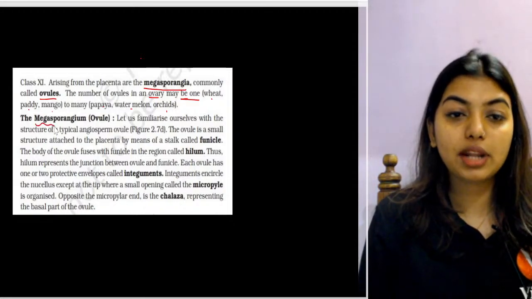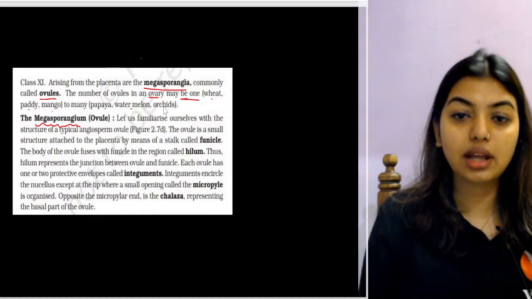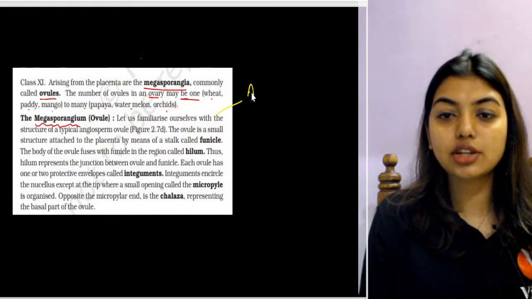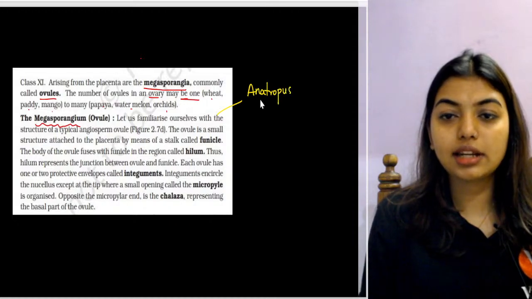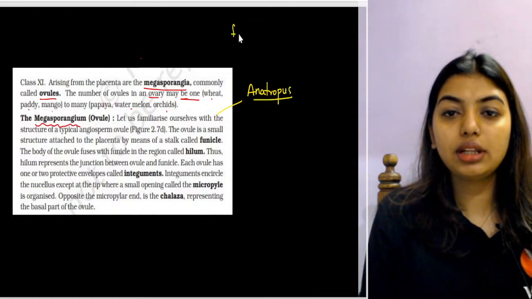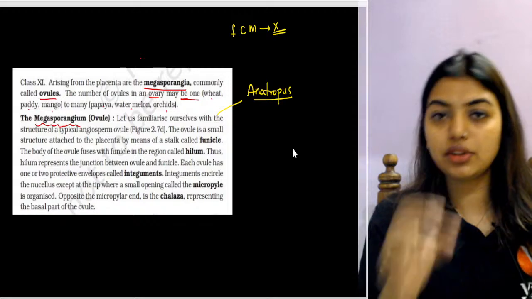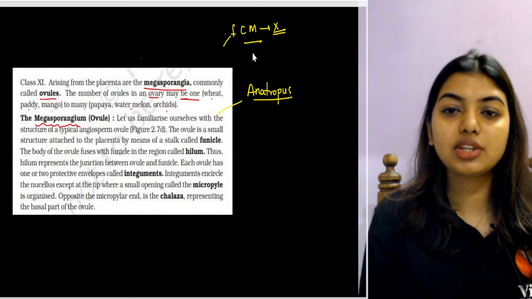Now the megasporangium, that is the ovule, let us familiarize ourselves with how they are formed. Now students, first thing you have to know, the ovule is anatropous. Anatropous means the funicle, the chalazal and the micropylar end are not in a straight line. That is, funicle will go to one side, these two will come in a straight line.